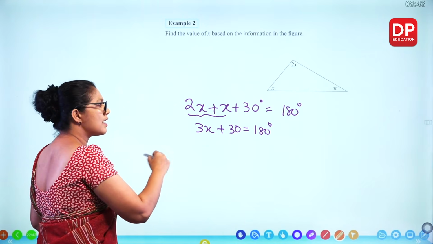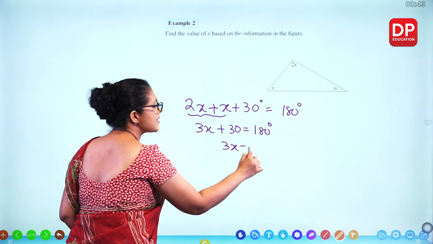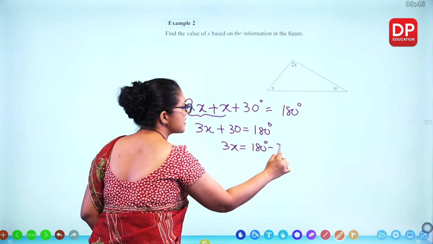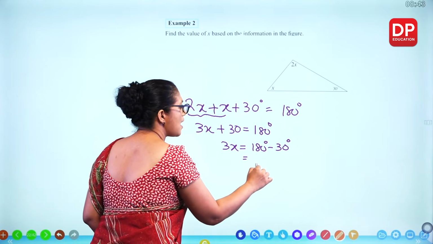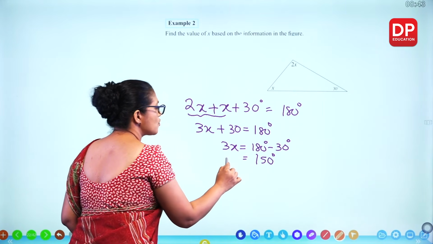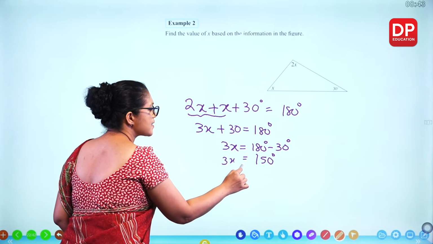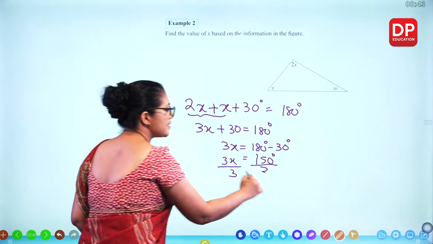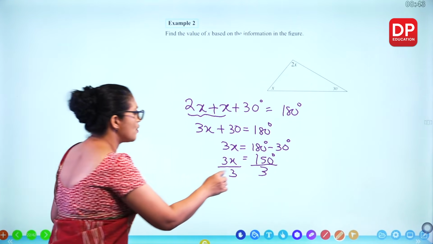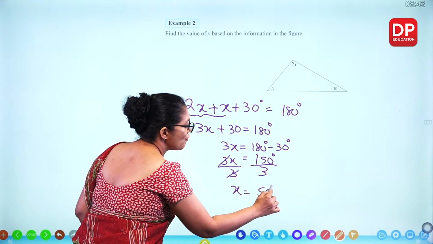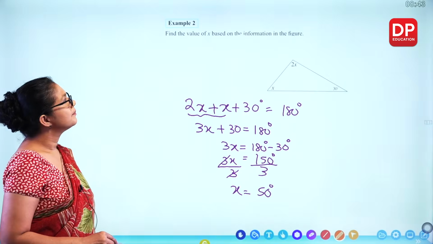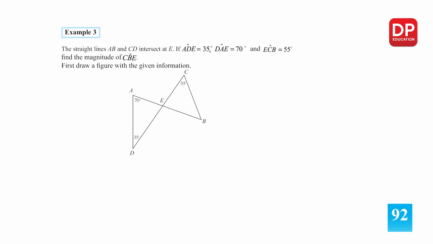So take 30 to the other side. You get 3x equals 180 minus 30. So what do you get here? 180 minus 30 becomes 150. So what do you get for x? I can divide this by 3. So x is equal to 50 degrees.